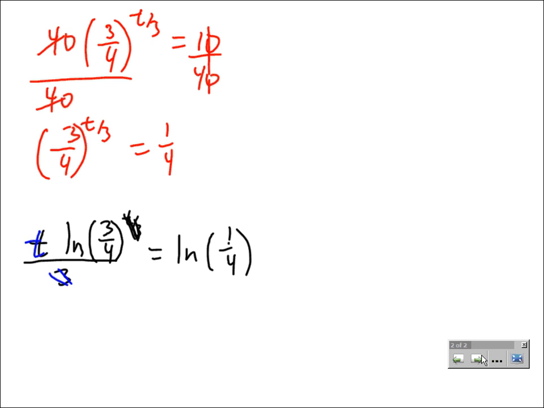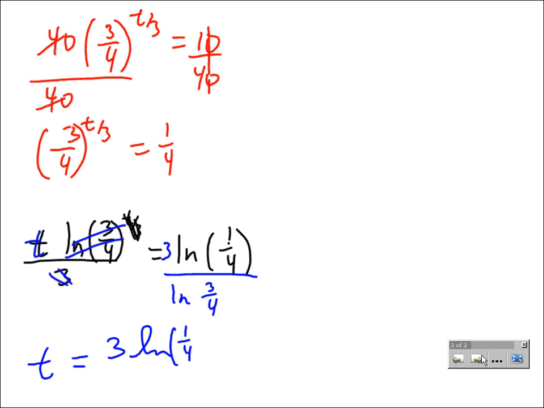Well, this 3 in the bottom goes on top, and this ln of 3/4 on the top, when I cross the equal sign, goes on the bottom. So t is exactly 3 times ln of 1/4 divided by ln of 3/4. That's exactly what it is. And it turns out that this is approximately 14.46 minutes. Work that out on your calculator.